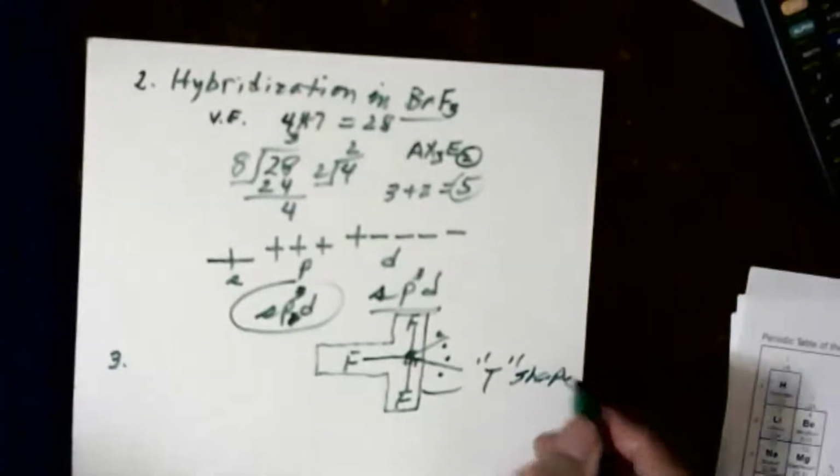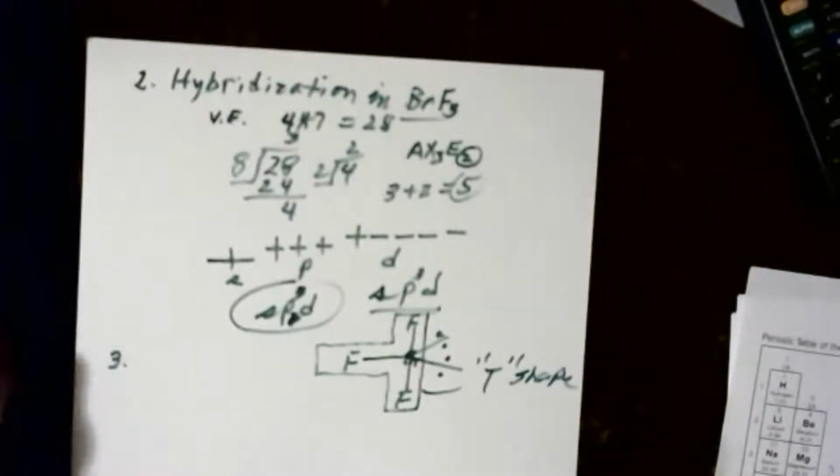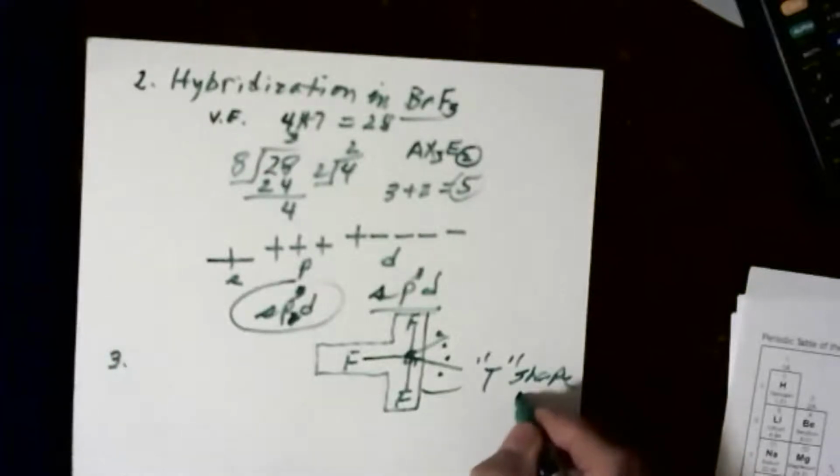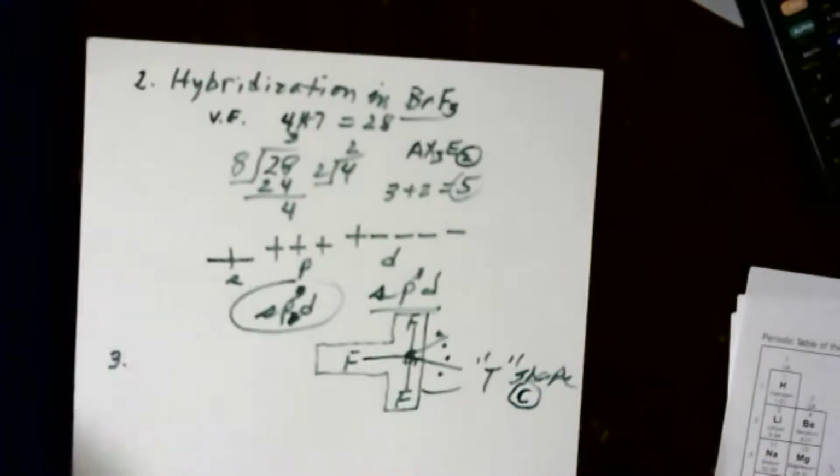And the T-shaped molecule, let's see which answer that was. Number 3, the answer is C. That's answer C on the quiz. So we're good.